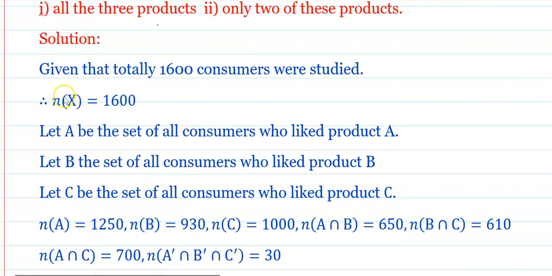Okay, now see this. Given that the total 1,600 consumers were studied, therefore n of X is equal to 1,600.